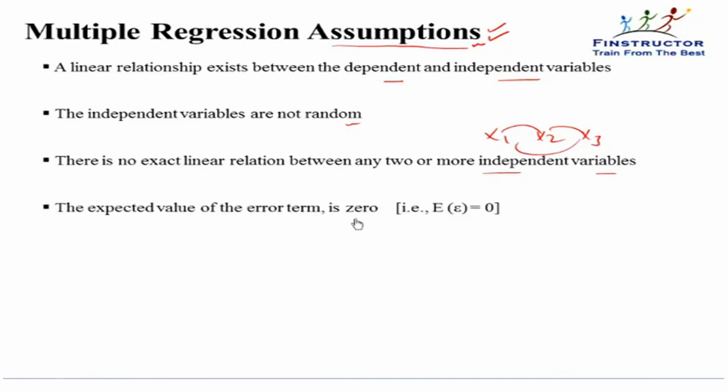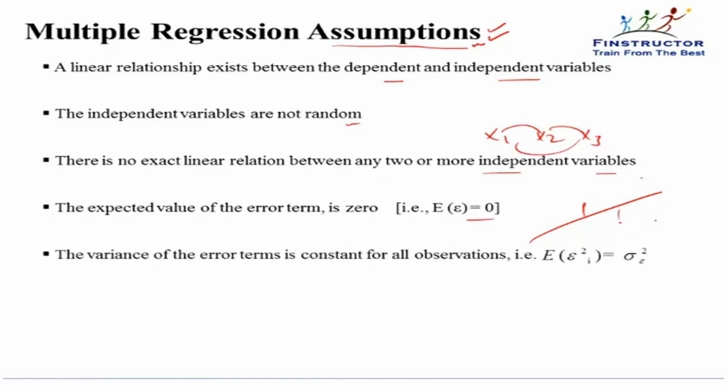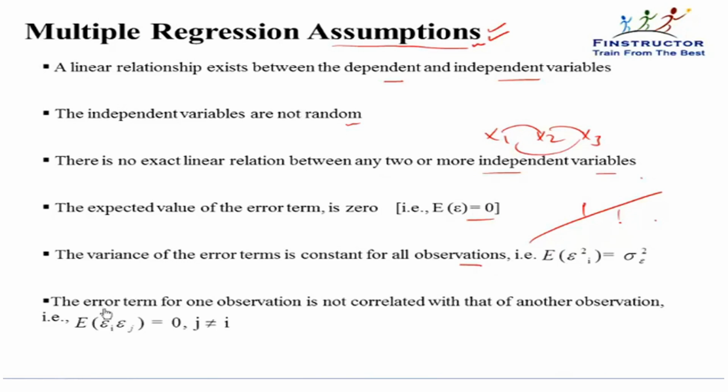The expected value of the error term is assumed to be 0. Sometimes there will be positive error, sometimes there will be negative error. If this really is the best fit line, then the positive errors and the negative errors will cancel each other out, and the expected value of the error term will be 0. The variance of the error terms is assumed to be constant for all observations.